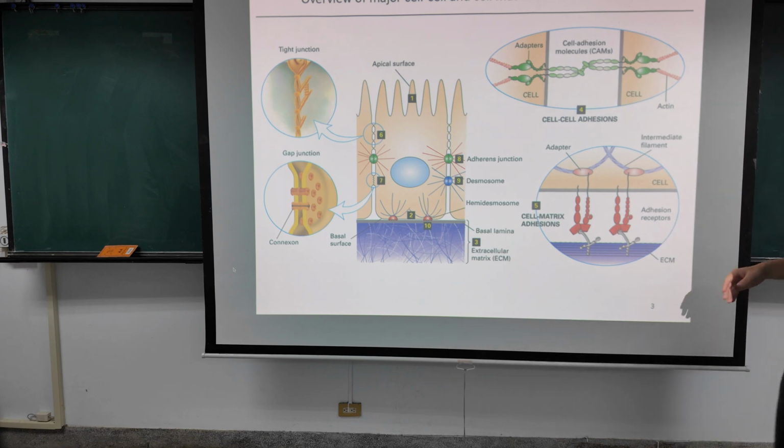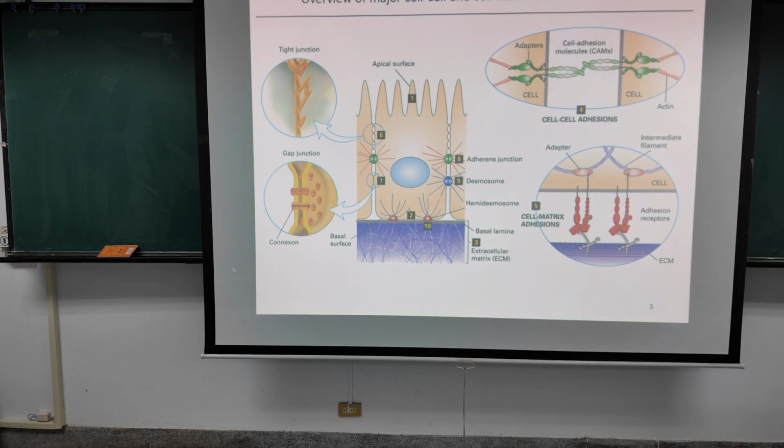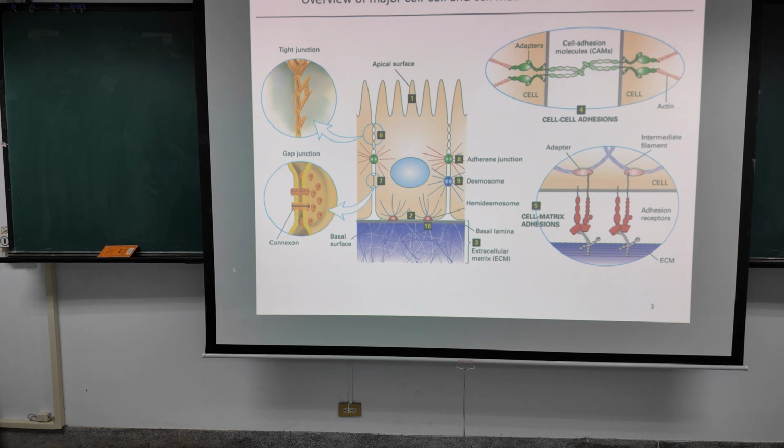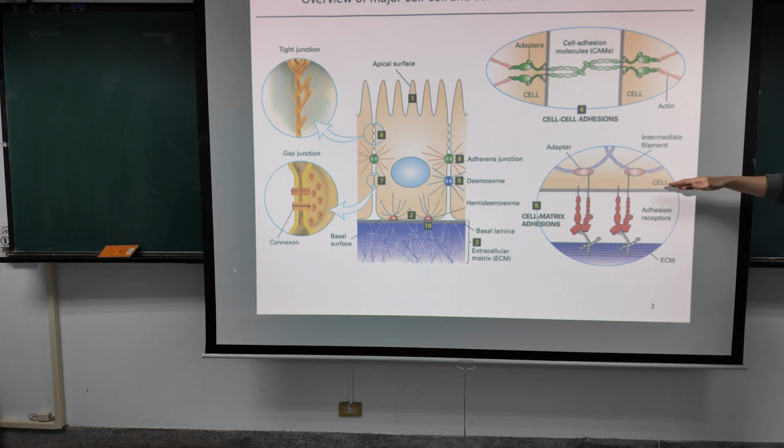Basically, depending on the type, those adhesions can be classified into cell-cell adhesion, which is the adhesion happening between cells, or cell-matrix adhesion, which is where it happens between the cell and the extracellular matrix.